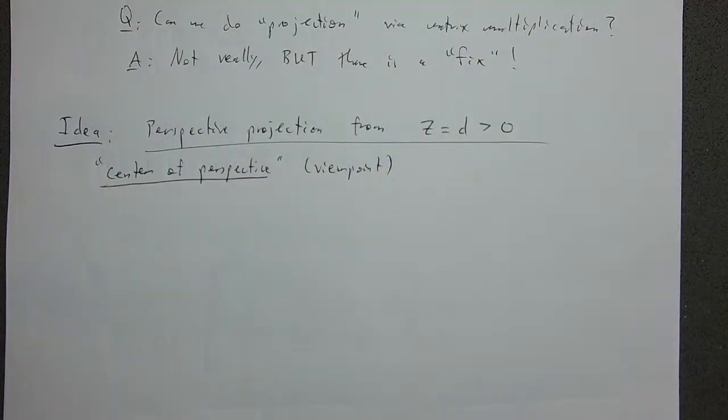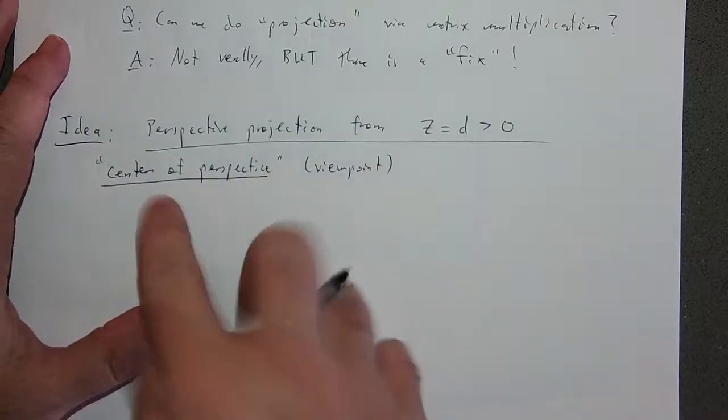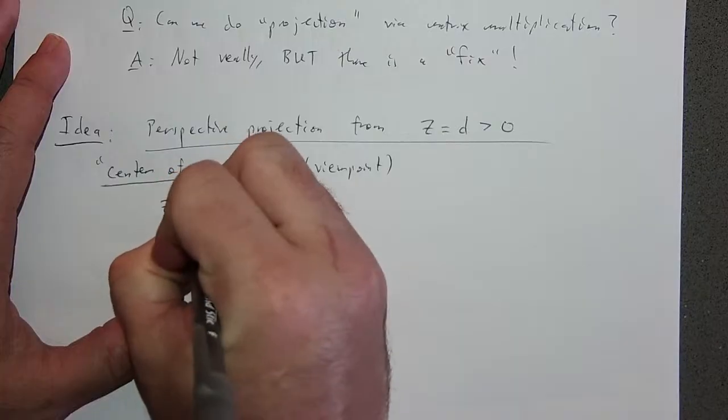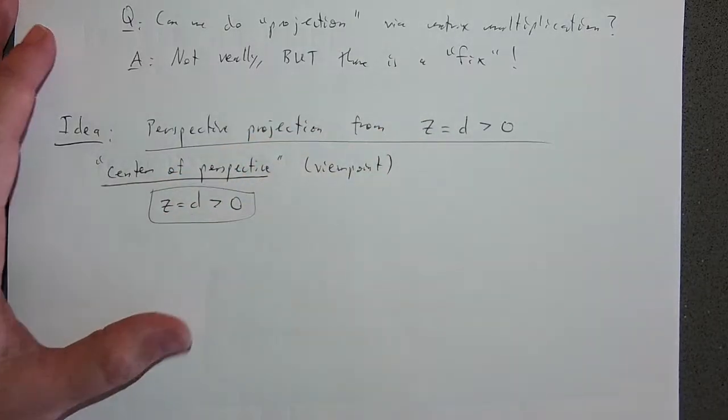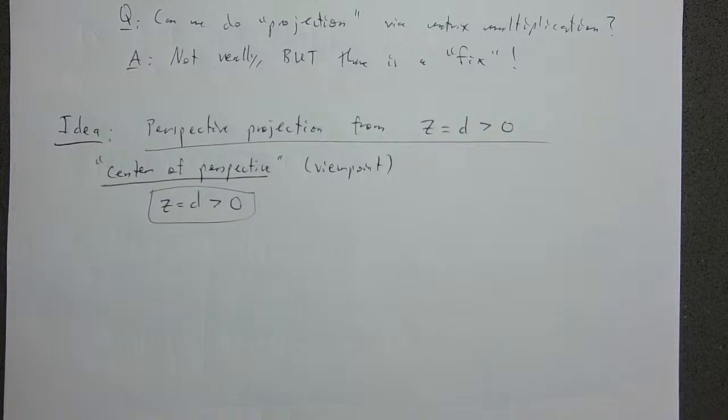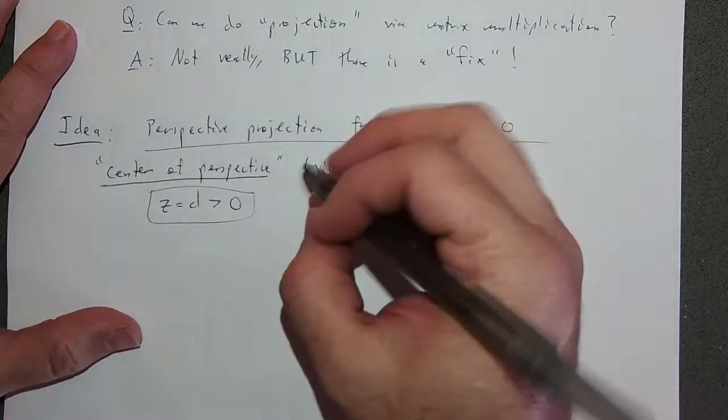Okay. And where is this center of perspective? We are going to put the center of perspective at the position z equals d on the positive z-axis. And we are going to be looking at an image somewhere in space that we are going to project onto the xy plane.